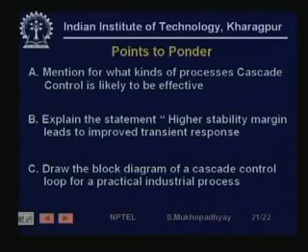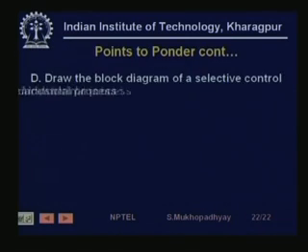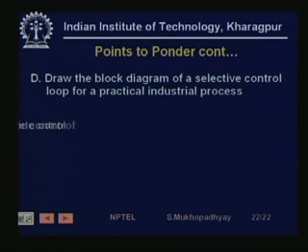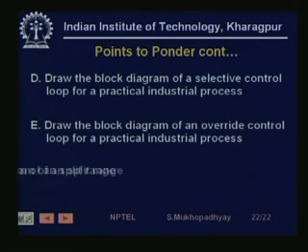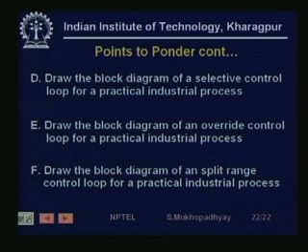You can try to explain it; it is basically related to the range of controller gains that you can have. Draw the block diagram of a cascade control loop for a practical industrial process. This is very important, and one should be able to draw it. Similarly, block diagrams of selective control loops and override and split range control loops are useful exercises to be done.